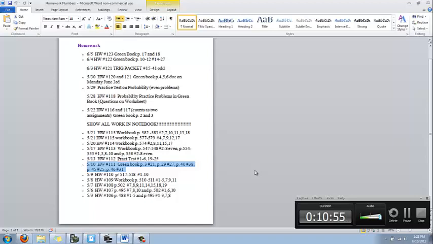Page 3, number 21. Yes, that has to do with correlation coefficient and all this stuff. So you need to use your little green book, go to page 3, number 21, page 29, number 27, page 40, number 38, page 45, number 25, and page 46, number 31. That is your homework number 111.